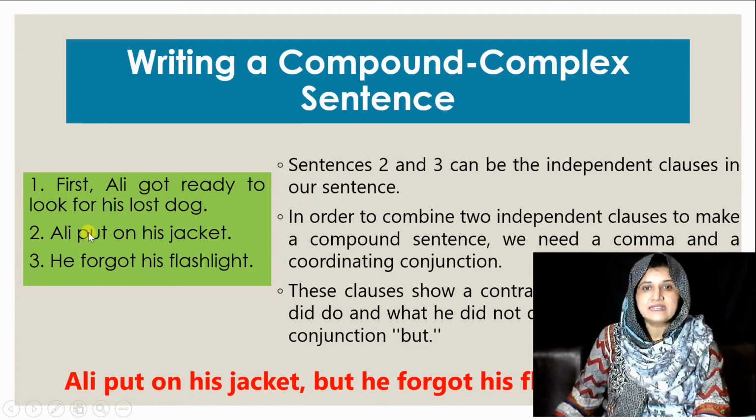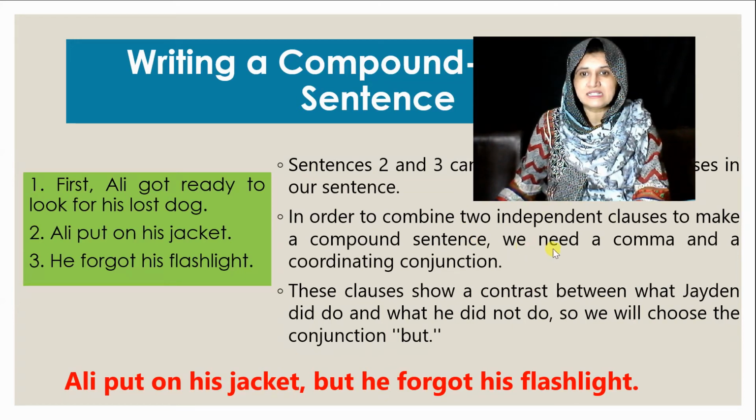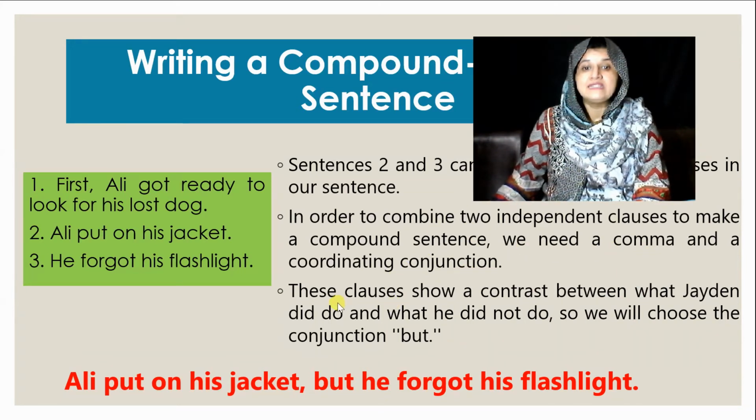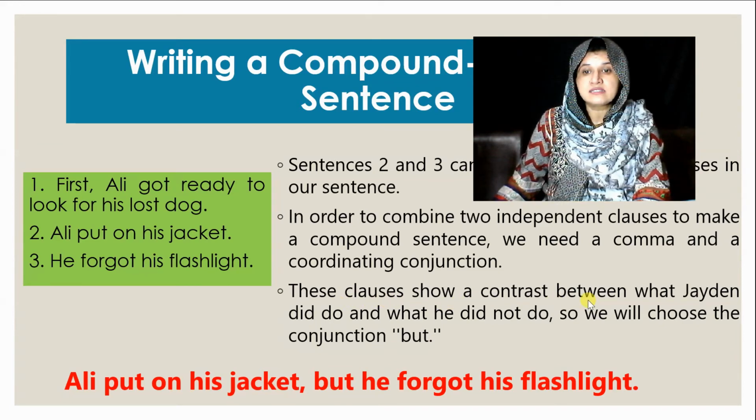You can see here that sentence number 2 and 3 can be the independent clauses in our sentence. In order to combine 2 independent clauses to make a compound sentence, we need a comma and a coordinating conjunction. These clauses show a contrast between what Ali did and what he did not do. So we'll choose the conjunction but, because here you can see Ali put on his jacket, he forgot his flashlight.